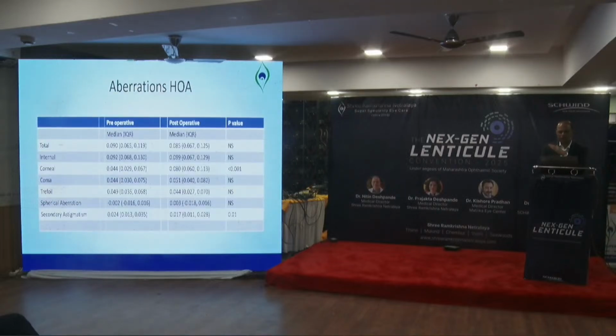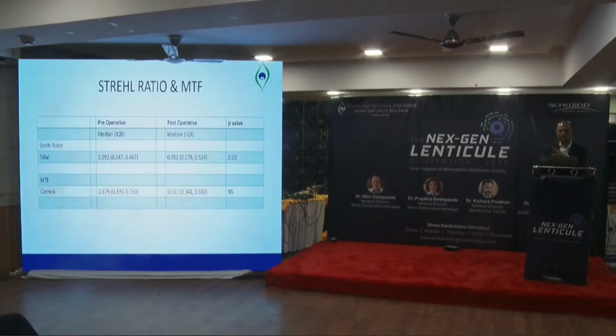If you see aberrations, the corneal aberrations have slightly increased, but if you see total aberrations, coma, trefoil, spherical aberrations, secondary astigmatism, there is no significant change in those. Very important slide: the Strehl ratio indicates the quality of your optics. You see the pre and post, the Strehl ratio is better now. That shows that the quality of vision outcome is excellent in these patients.